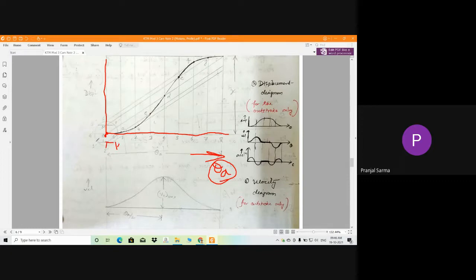From 3 it becomes this, from 4 it becomes this, from 5 it becomes this, 6 is already here. Just like 2 is already there on the vertical. From 7 this, from 8 this, and once again from 1.